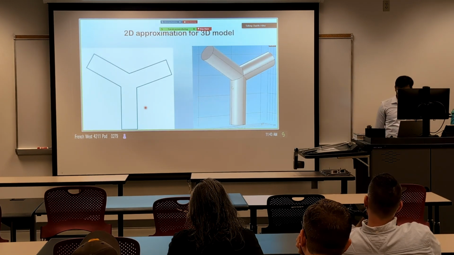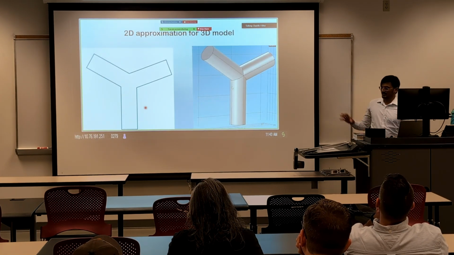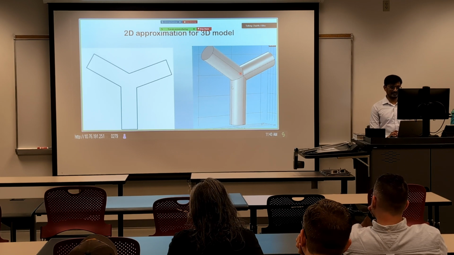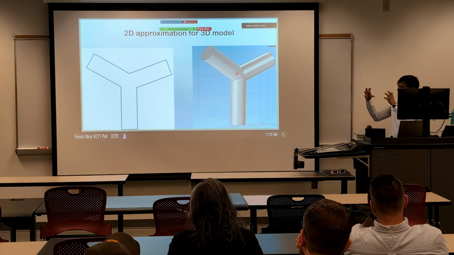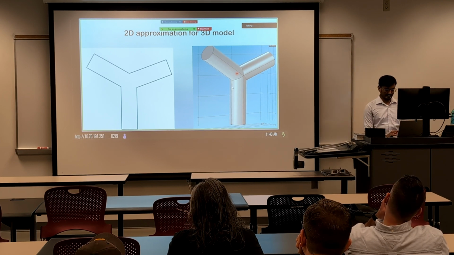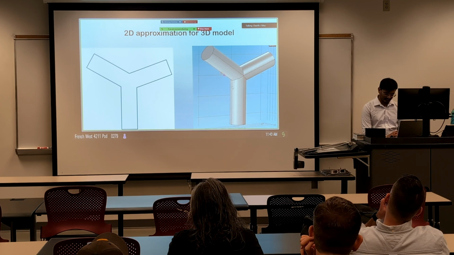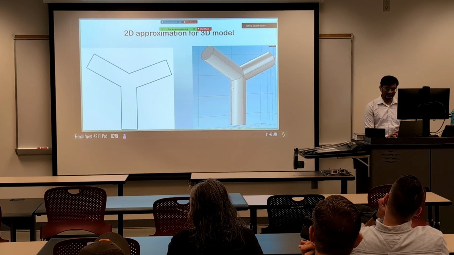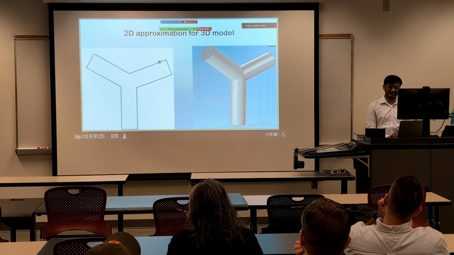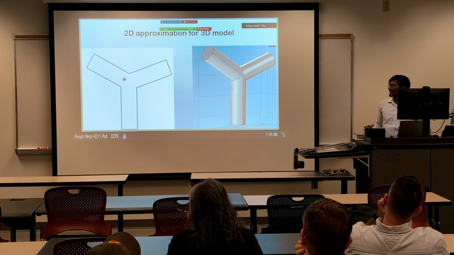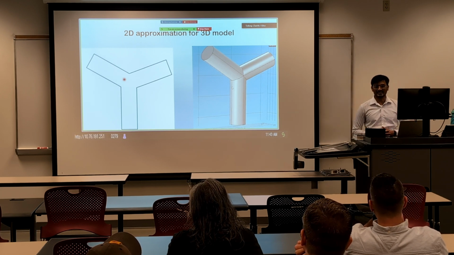For that, we created a 3D geometry, which you have on the right hand side. Here we just attach three cylinders to get the bifurcation structure. Then across this bifurcation plane, we took the measurements necessary to create the corresponding 2D structure, which we created just by connecting three rectangles.